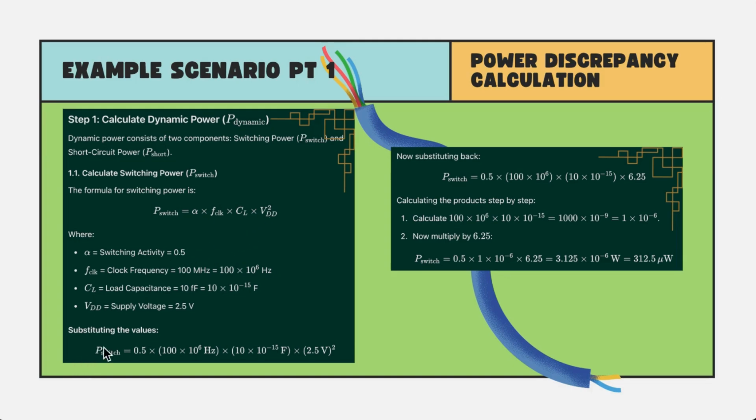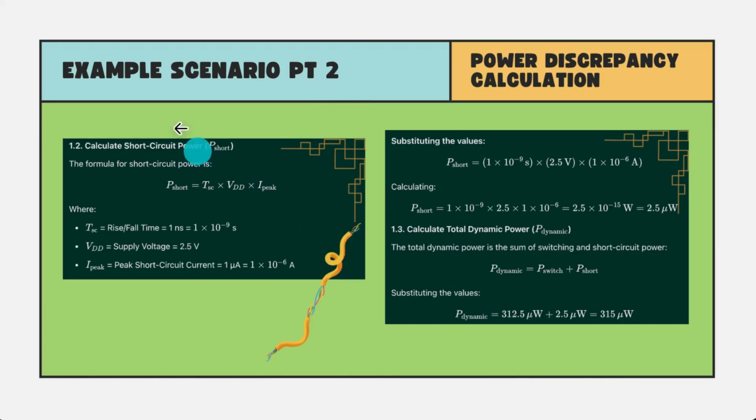Then we substitute the values into the formula and calculate the product step by step. After that, multiplying it by 6.25 results in 312.5 microwatts.